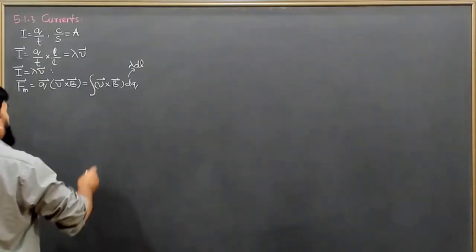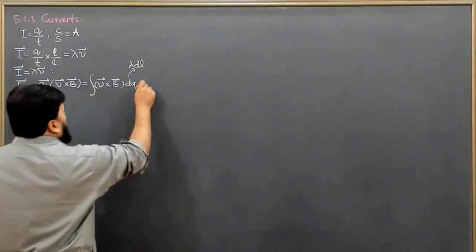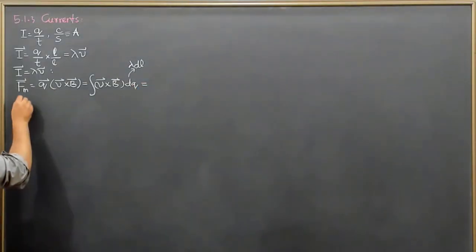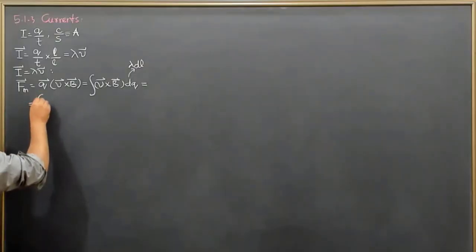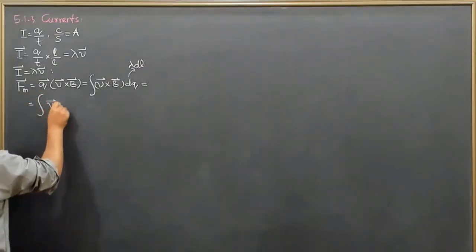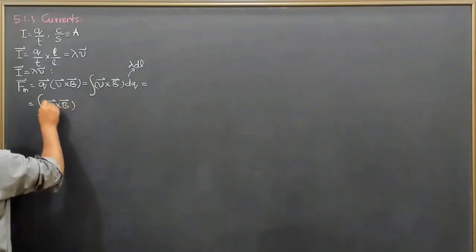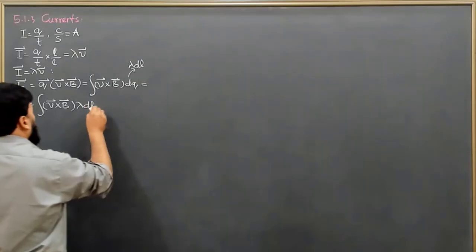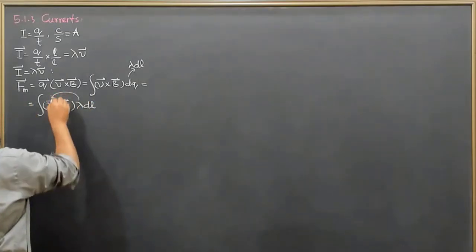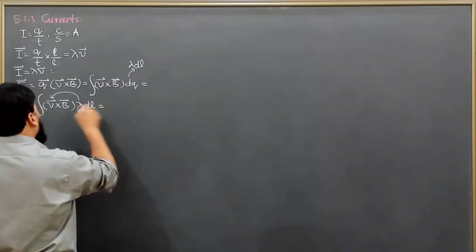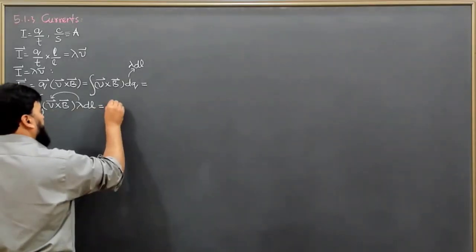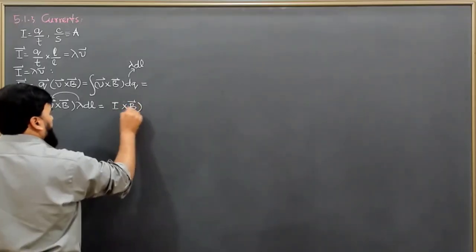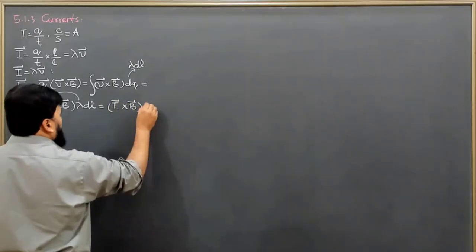So I can write this as V cross B, and here I write lambda dl, and lambda V is I, considering I is a vector quantity.